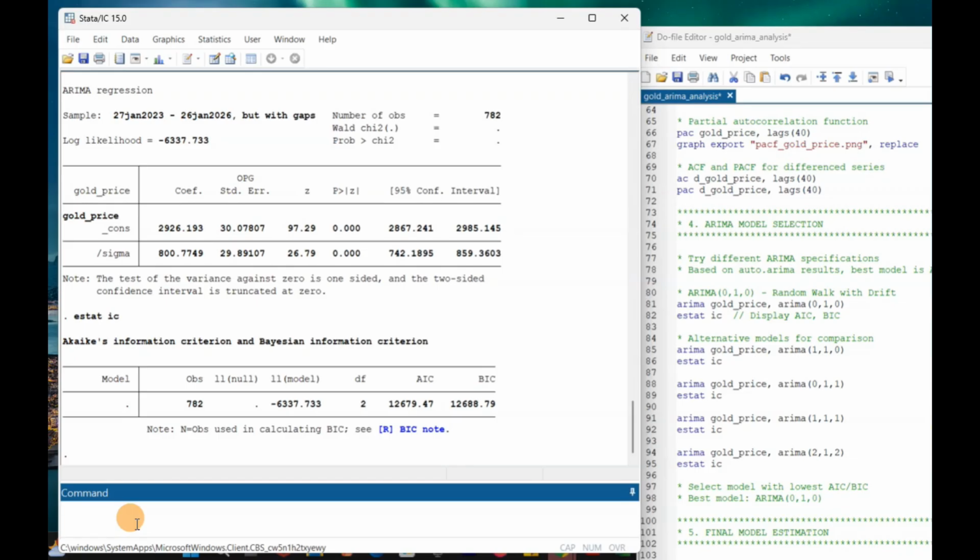Here we have 0, 1 and 2. We are just checking the model that will give us the smallest Akaike information criterion. That's the reason why you take it.